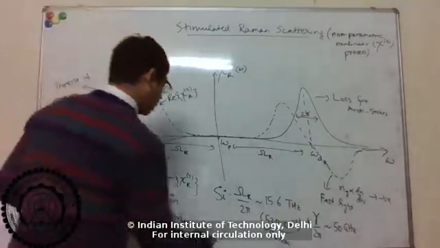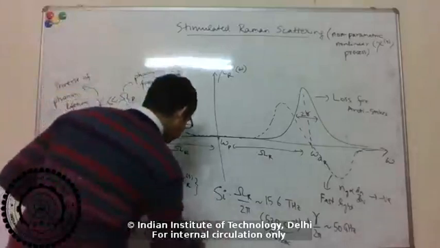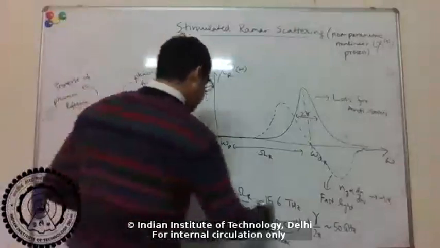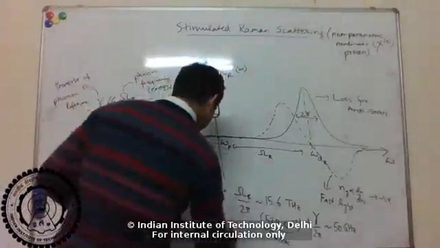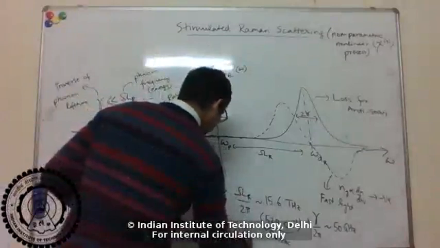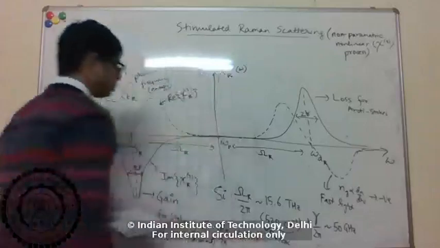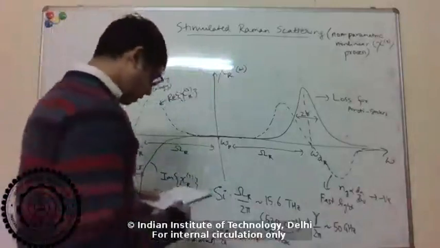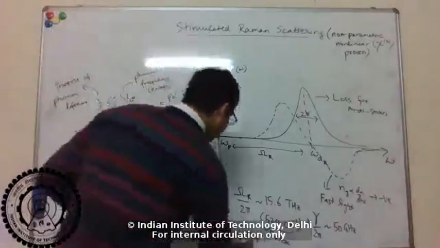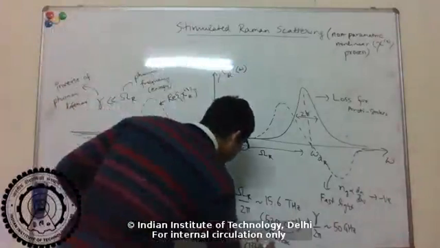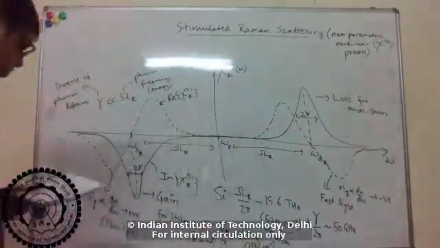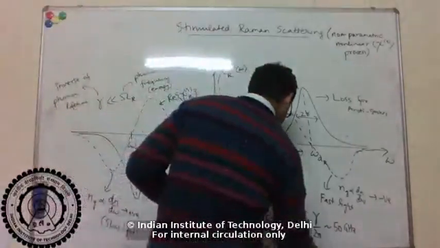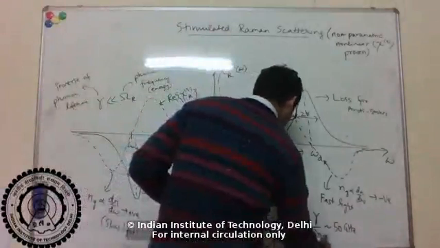Right, and then if you look at, for example, diamond, which is a carbon lattice, this Raman shift is very big, 40 terahertz. Okay, and so in centimeter inverse it is 1332. And gamma is about 30 gigahertz.